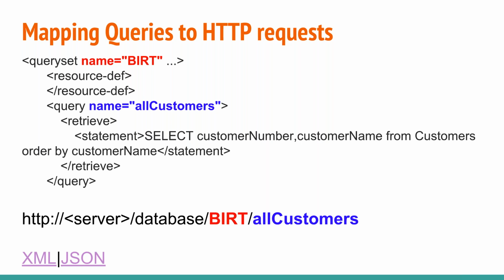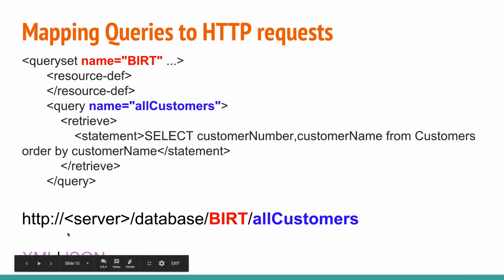But mapping a query in the database connector configuration to the actual HTTP URL that maps to that query is very straightforward. Again, this is very extensively documented in our database connector tutorial as well as documentation, and I will be pointing you to those at the end of the webinar so you have that information as well.